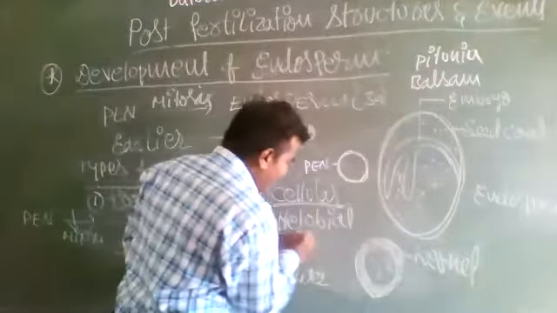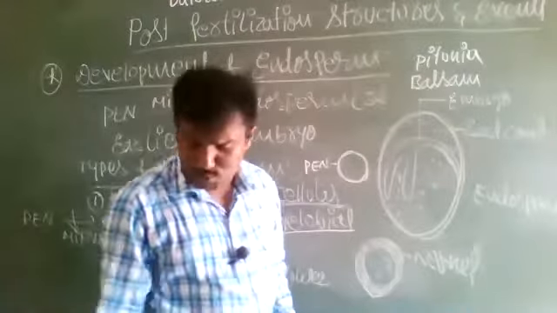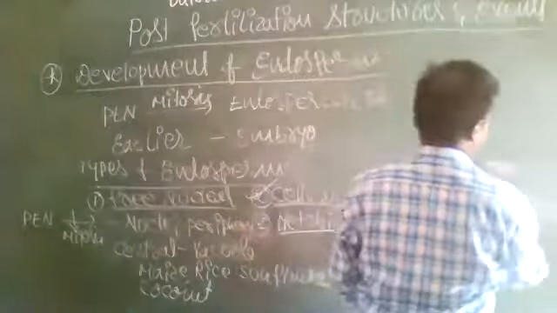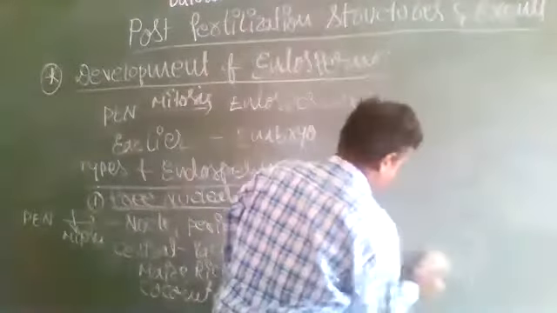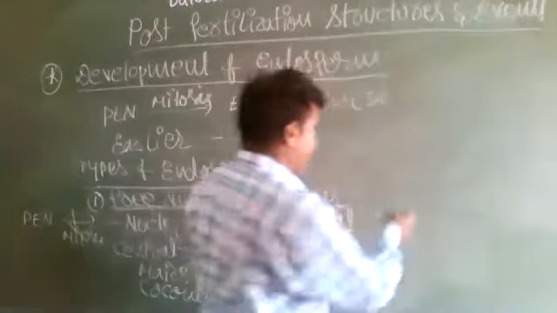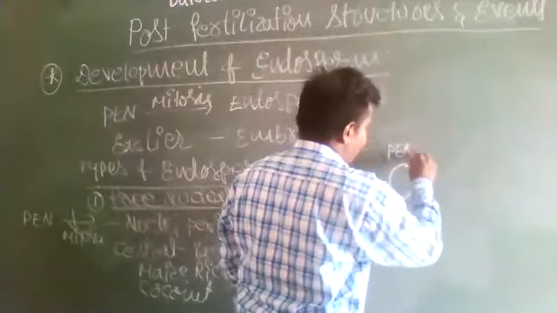Last and final, helobial endosperm. In this helobial endosperm, this is called the primary endosperm nucleus.